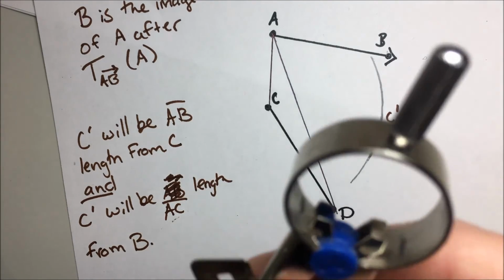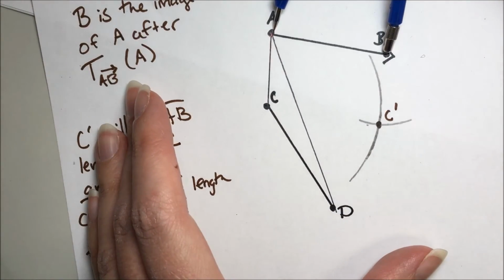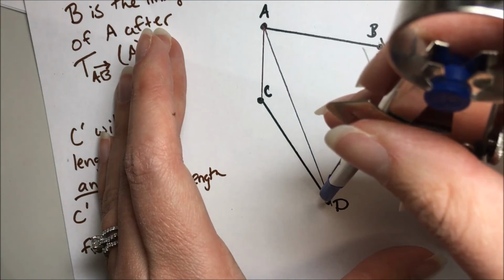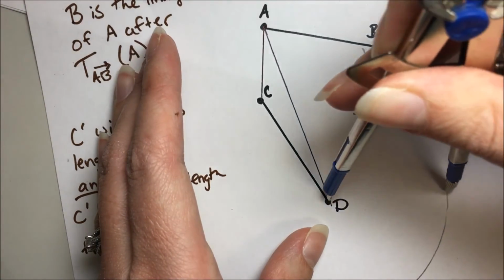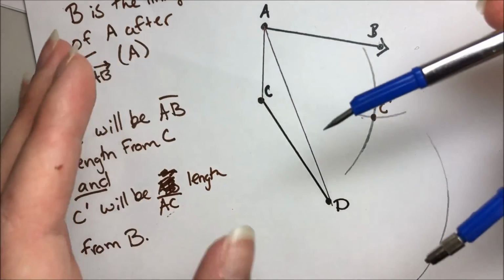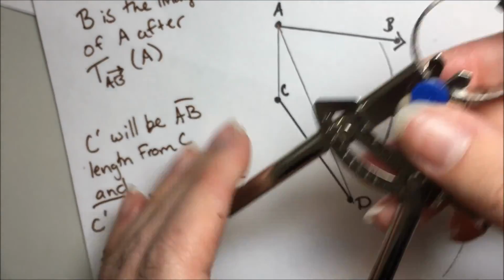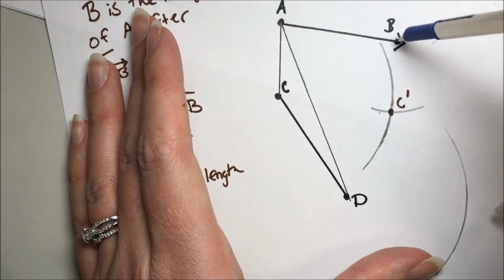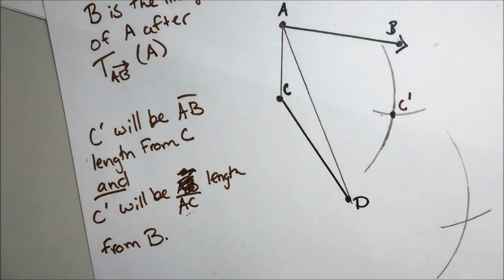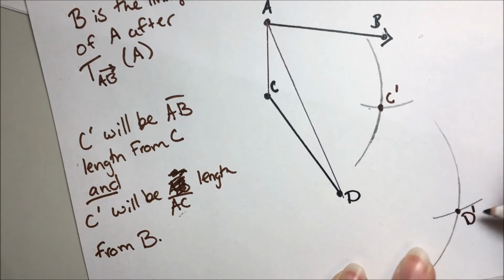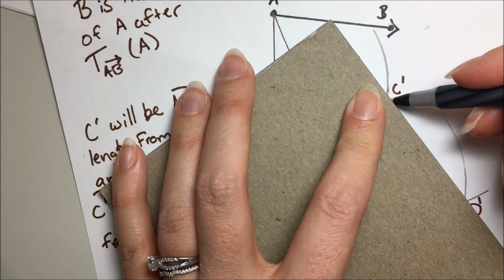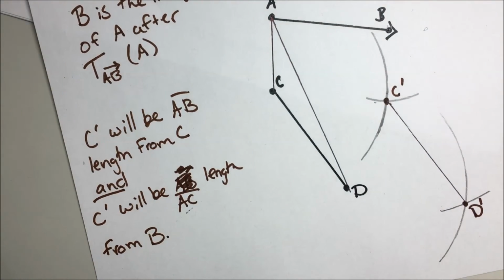So I know D prime will be AB length away from D, and it'll be AD length away from B. I know that I've done the construction right if CD is parallel to C prime D prime.